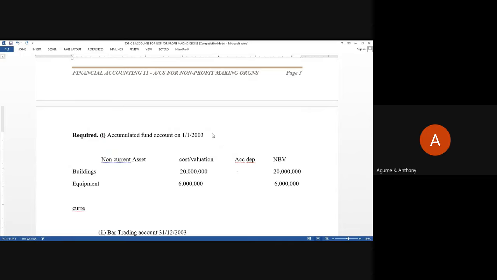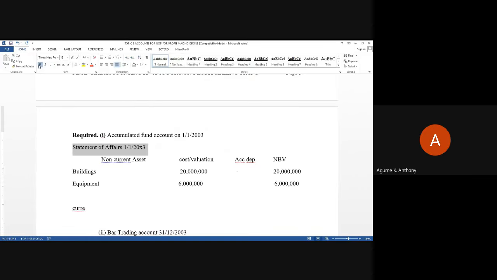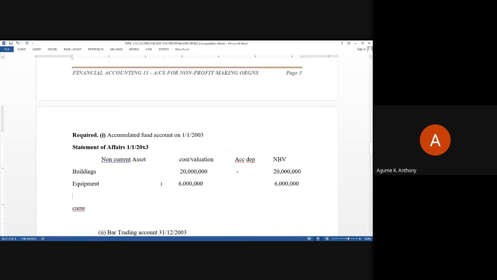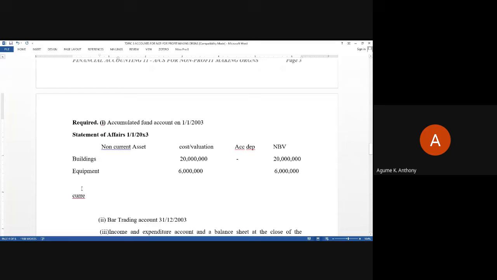To prepare the accumulated fund, you need to prepare the statement of affairs. That is as at 1st of January 20x3. That is the statement of affairs. Then I have current assets.